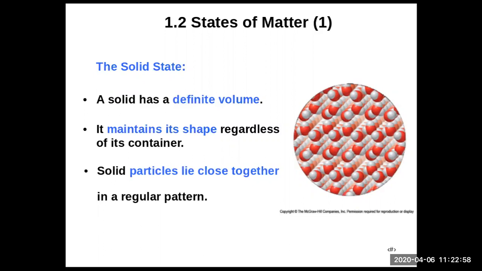So it's orderly, organized. And so that's what you would recognize a solid from. It has an organized arrangement at the molecular level or atomic level. And that's why that arrangement stays, doesn't change, and that's why the solids keep their shape. And also the volume doesn't change.